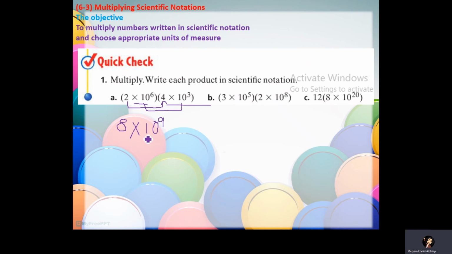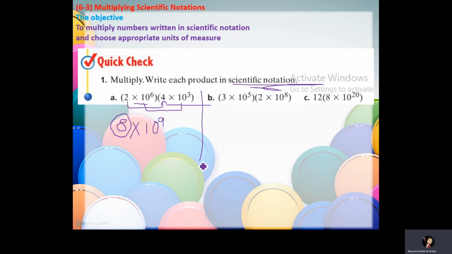My question is, now they said in scientific notation, if I don't say that, you don't need to worry. So is this in scientific notation? Yes, this number is less than 10. So I'm fine with that. 8 times 10 to the power 9.